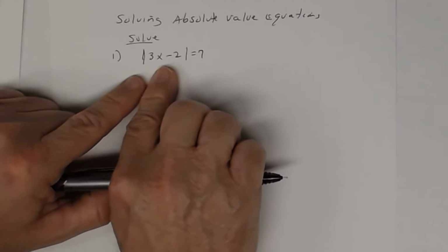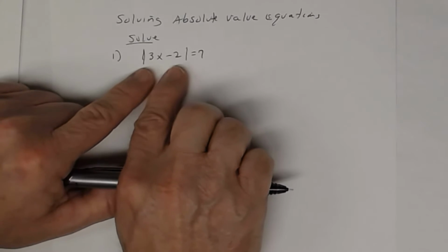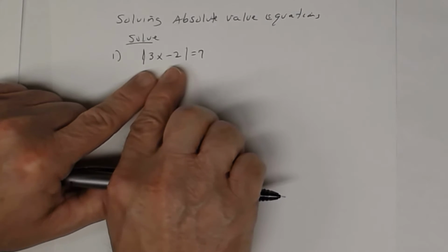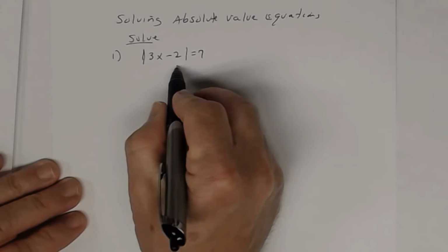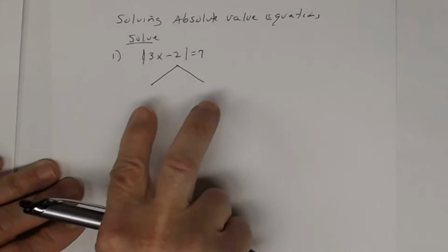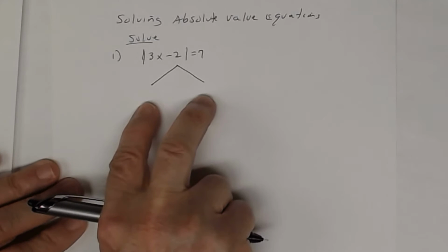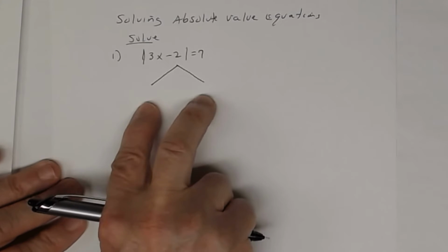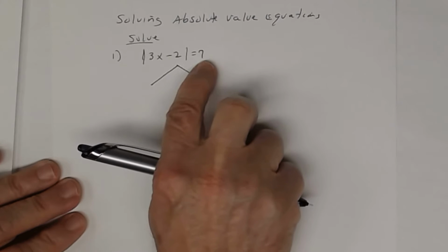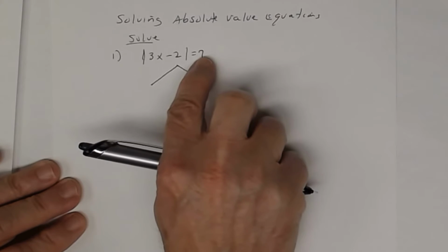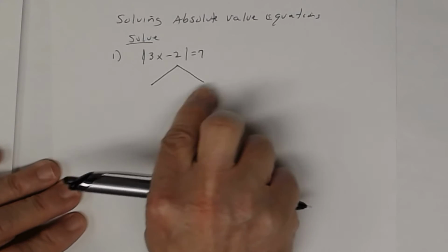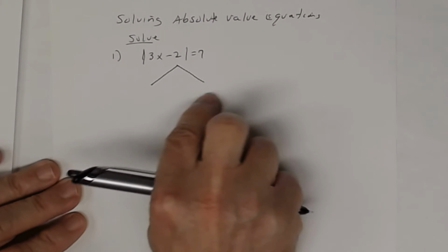But we saw that if you want to solve this absolute value equation, what we did was we rewrote it as two equations. Okay, and we did it this way. And notice that when we rewrote it, you see that 7 on the other side. You're going to notice what's going to happen on one of those equations.